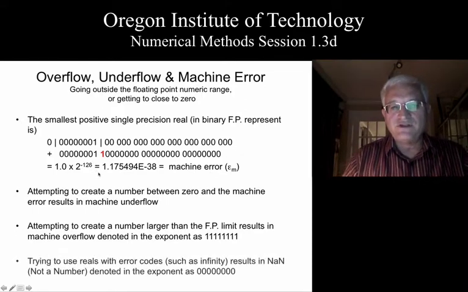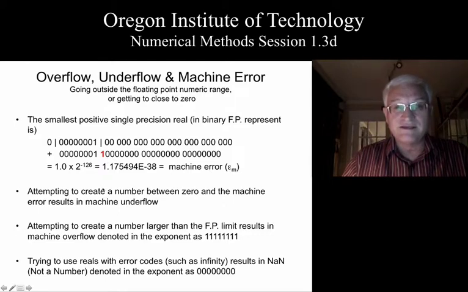Any attempt to use a number that's invalid, whether it's underflow or overflow, will result in what is called a not a number, NaN. There are some subcodes too, where the IEEE standard will play around with the first 2 digits of the mantissa to tell you a little more about what happened. But the long and short is that your goose is cooked, because you can't go any further once you have killed your number in that manner.